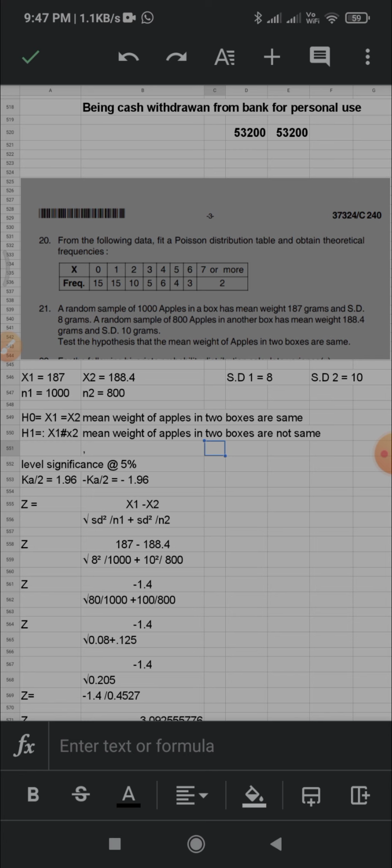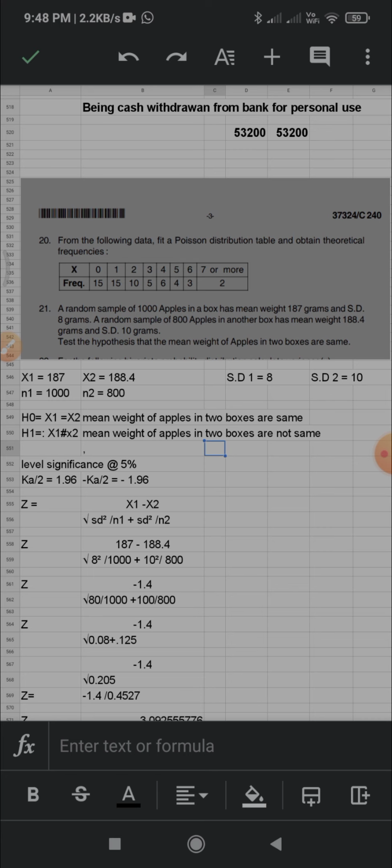Now x bar 1 is 187 and x bar 2 is 188.4. Standard deviation 1 square is 8 square and n1 is 1000. Standard deviation 2 square is 10 square and n2 is 800.